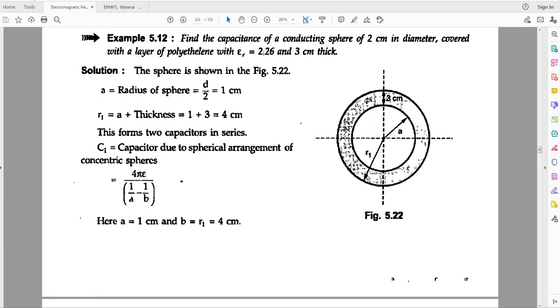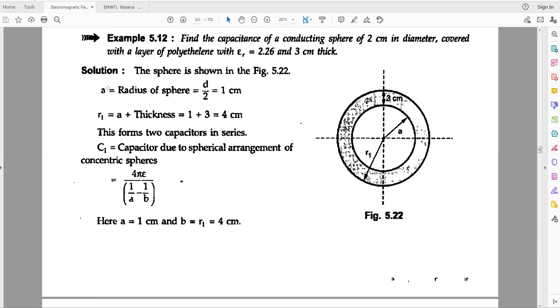Okay, epsilon r is given as 2.26 and 3 centimeters thick is there. You have to find out the capacitance.